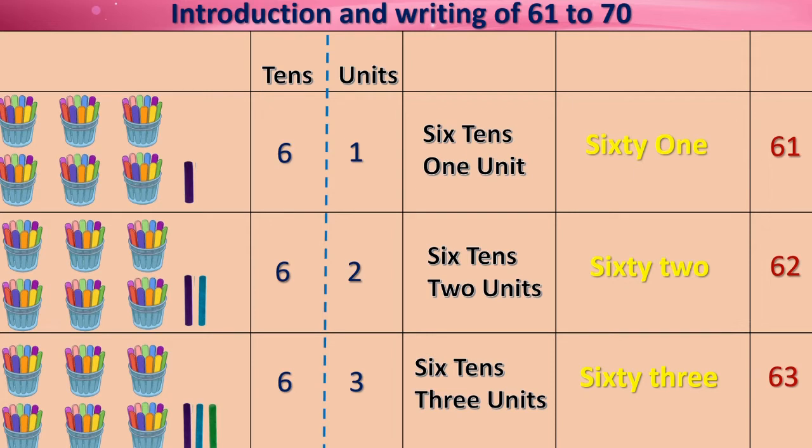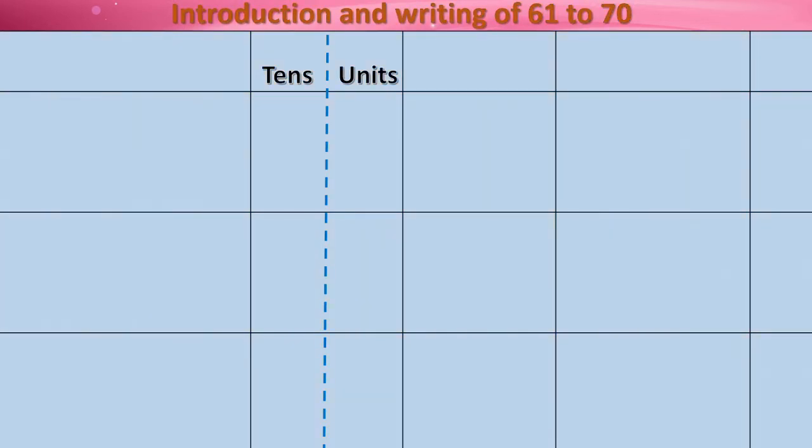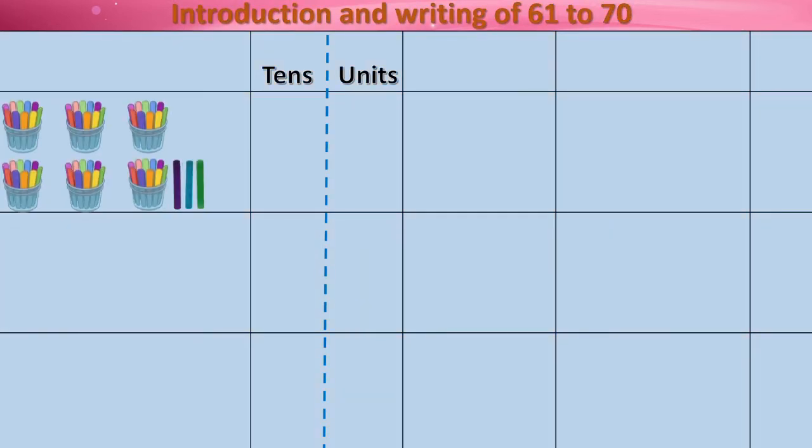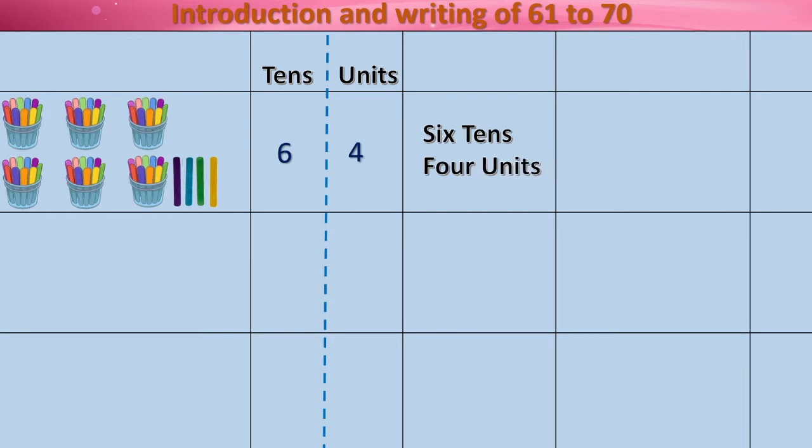Okay, let us proceed further. What we will do? We'll add one more stick to 63 sticks. Here it is. Okay, so we got 6 tens and 4 units. 6 tens, 4 units. Number is 64 and in numeral that is 60 and 4.